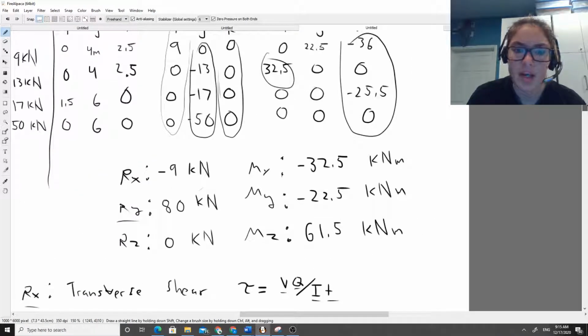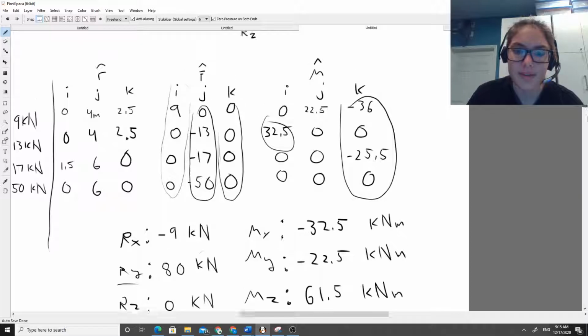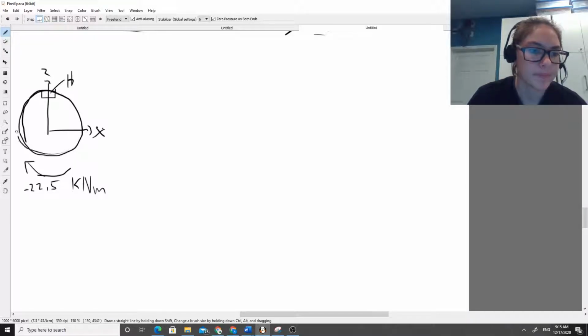Our moment is negative 22.5, which means, again, it's going to be going clockwise. It's 22.5 kilonewton meters, going clockwise, so negative 22.5 kilonewton meters, clockwise. All right.